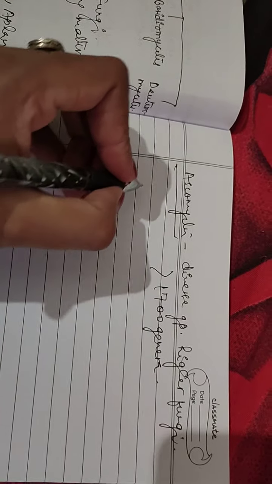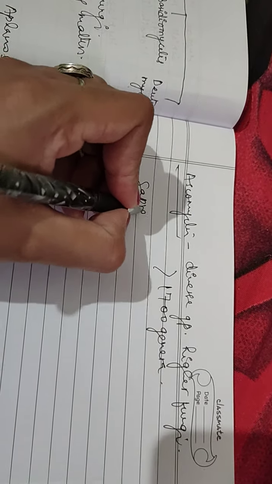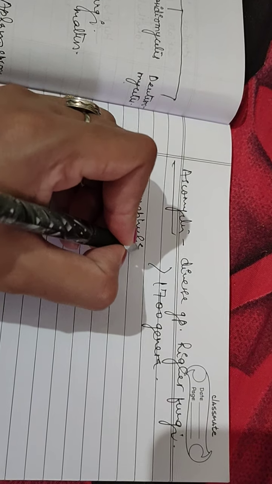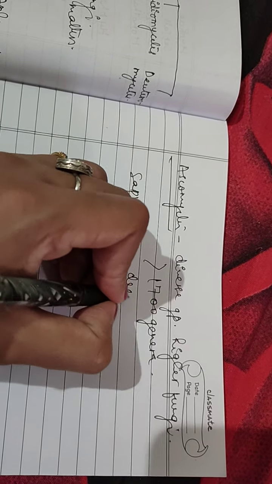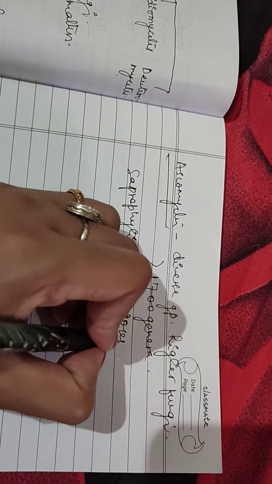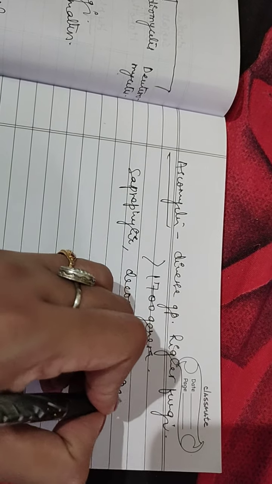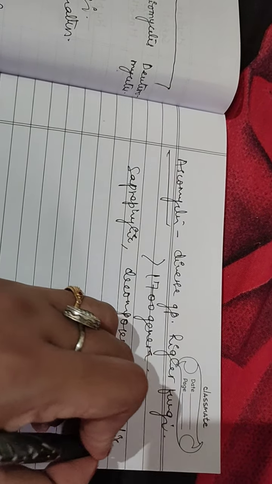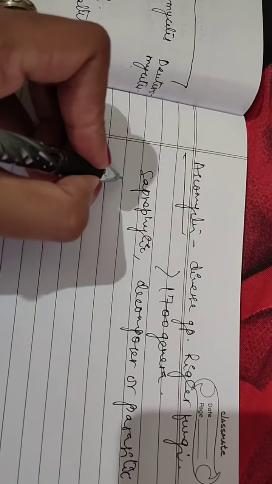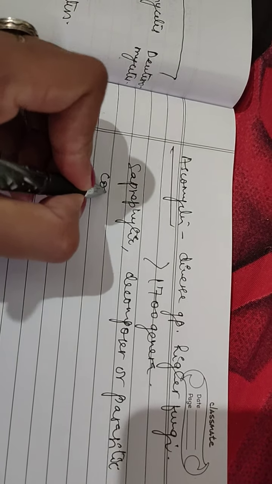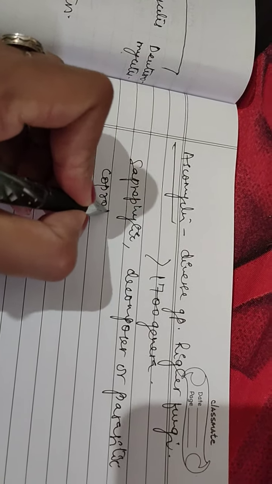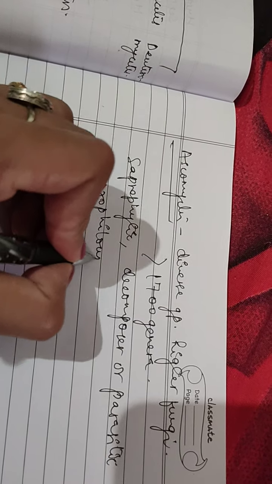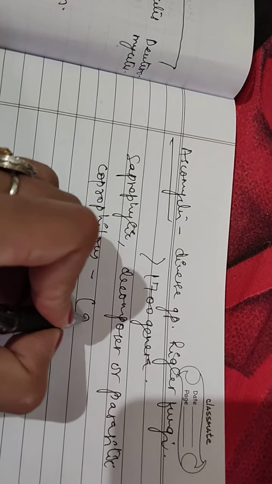They are also saprophytic, decomposers, or parasitic, and some are also coprophilous. Coprophilous, you know that they grow on dung.